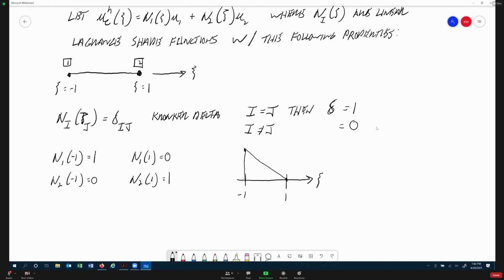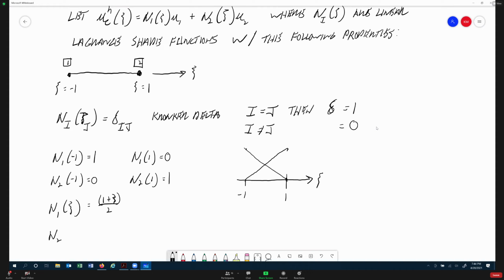So that's our first shape function. At -1, it's here. That's one shape function. The other shape function goes from -1 to 1. Okay. So N1 of C is equal to (1 plus C) over 2.